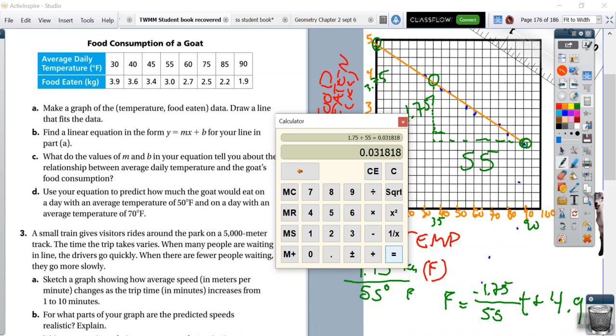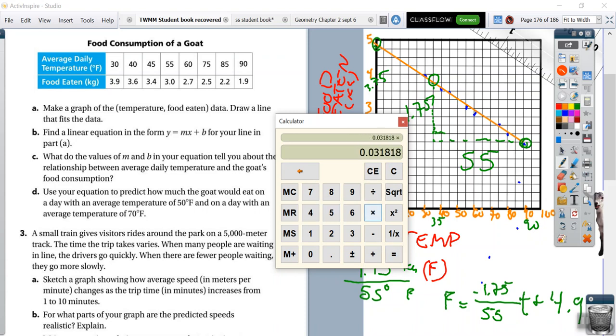That's interesting. Okay, use your equation to predict how much a goat would eat on an average temperature day of 50 degrees. All right, so we're going to multiply this by 50, and remember that's going to be negative, and we're going to subtract our 4.9. All right, so I totally didn't do that right. So we have 1.75 divided by 55.